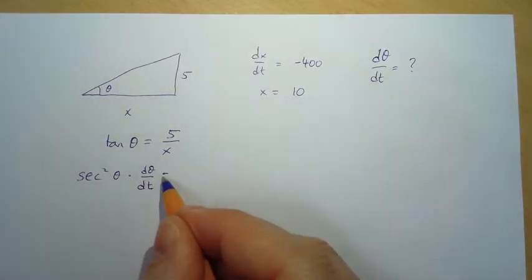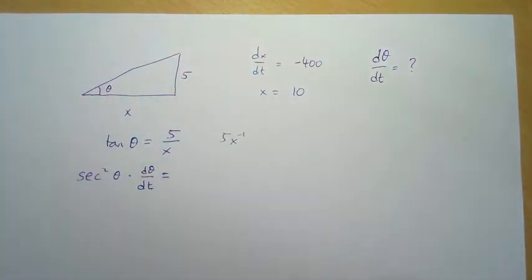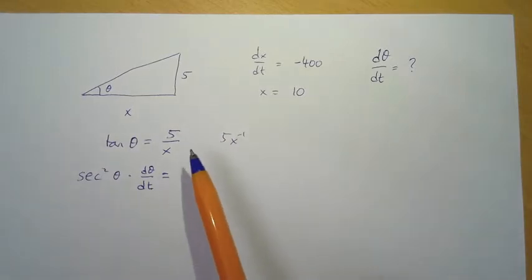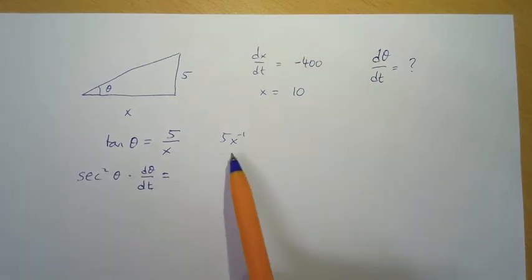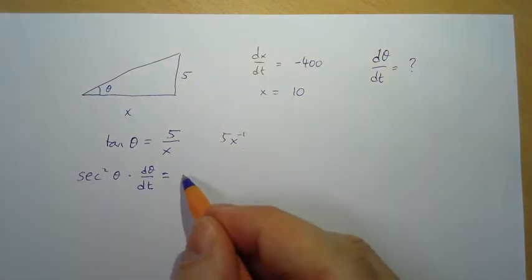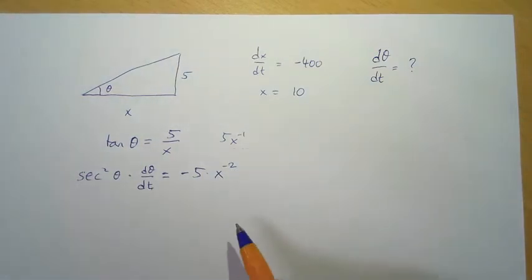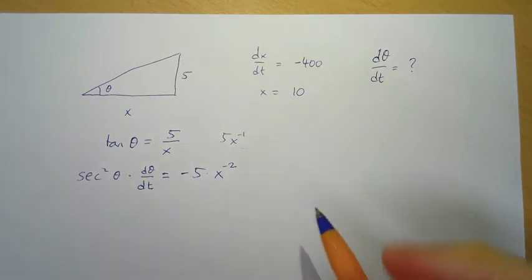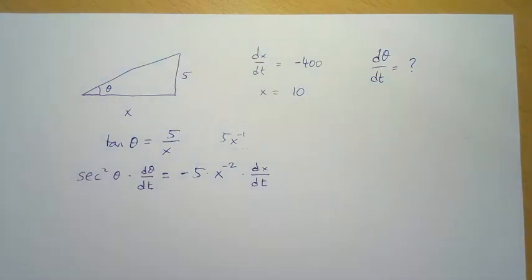On the other side of the equality, notice that 5 over x is actually 5x to the negative 1. So rather than using the quotient rule, u prime v minus uv prime over v squared, we can just take the derivative using the simple power rule. So the derivative is negative 5 times x to the negative 2. But we're not done, because once again we're differentiating in terms of t, not x. And therefore it's times dx dt.